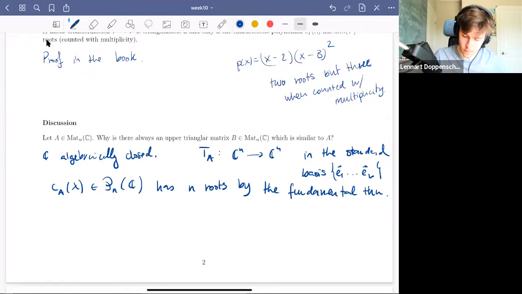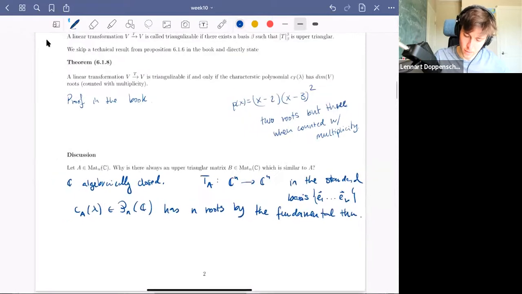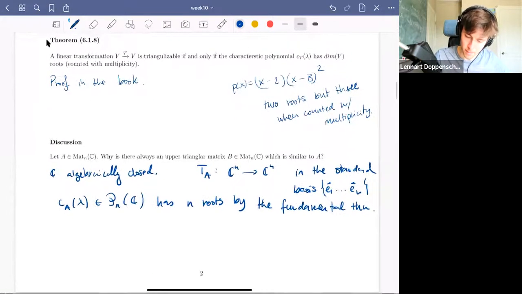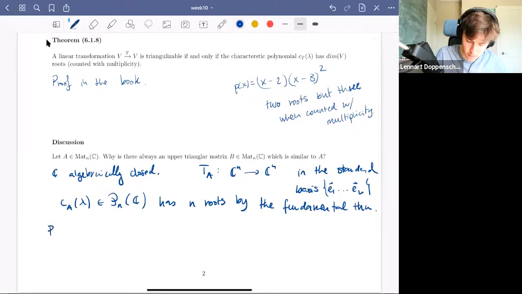And now, because it has n roots, by theorem 6.18, this means that A is diagonalizable.